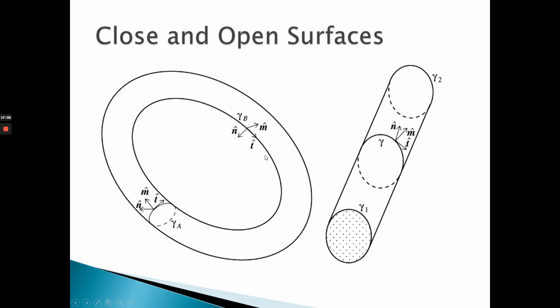Now if you cut it here, you get something like this. Once you start here, you need to come back, but there is no way of going back unless you walk in the reverse direction. It means this is an open surface. So this is the difference between closed and open surface.